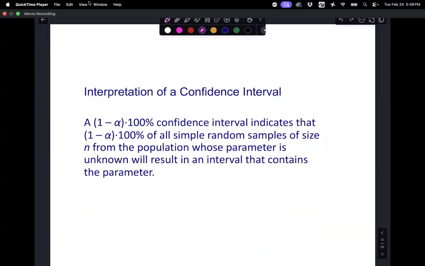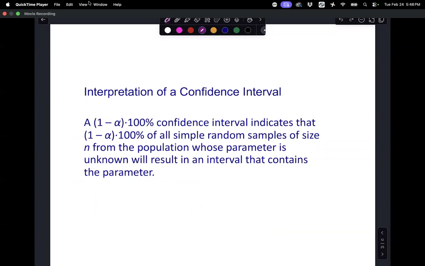All right. So our interpretation, this is a lot of words. We could say something like, I don't even like this. It just basically says, if I had a 95% confidence interval, it would indicate that 95% of all of my samples of the same size would result in an interval that contains the parameter.